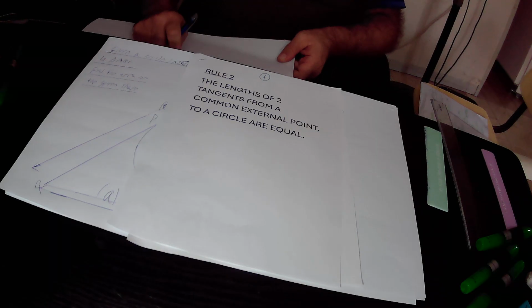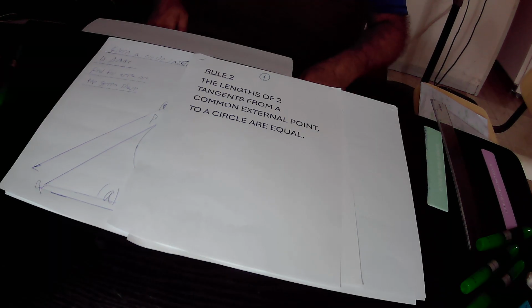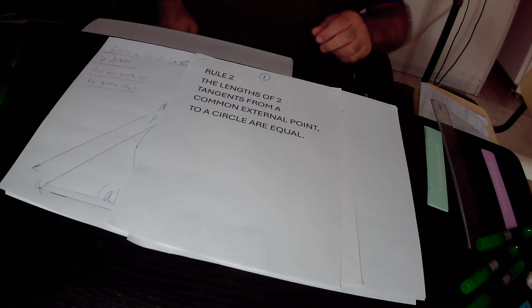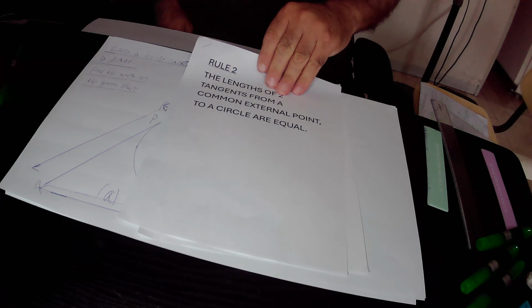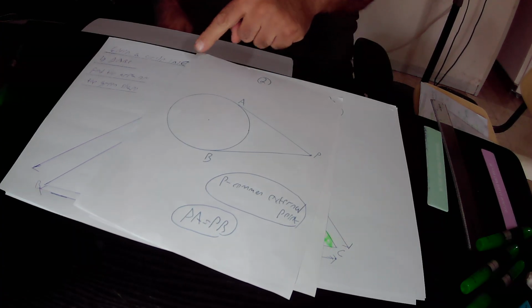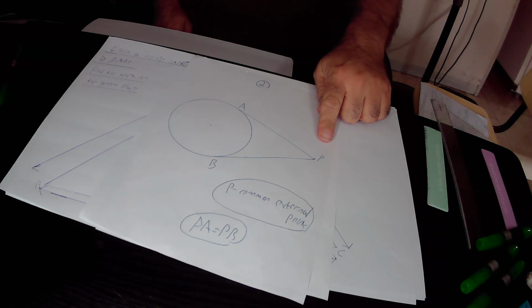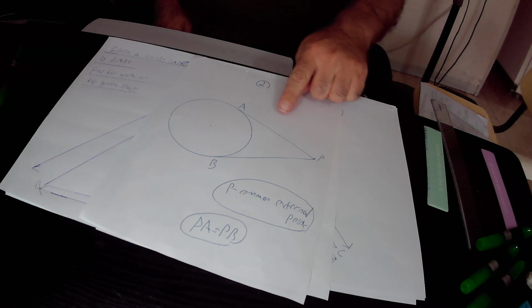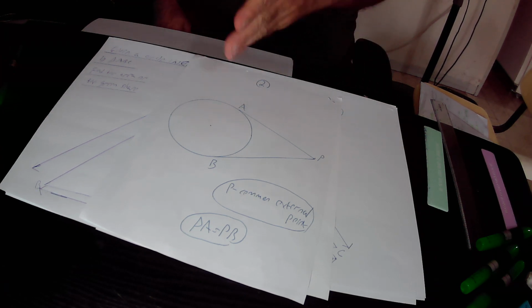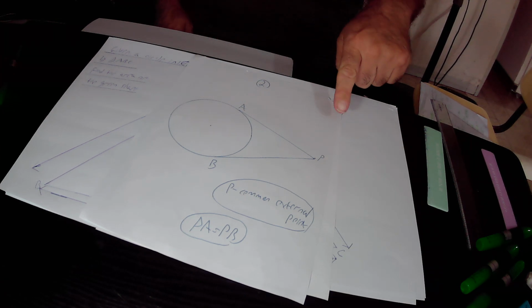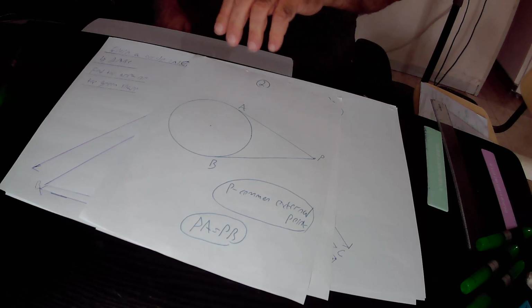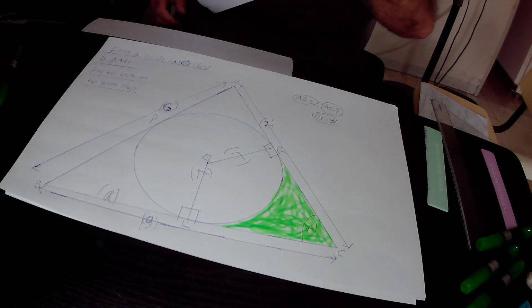According to rule 2, the lengths of two tangents from a common external point to a circle are equal. In the drawing, we have a circle. This is the common external point, point P. From the common external point P, we have two tangents to the circle, tangent PA and tangent PB. And according to rule 2, they are equal to each other. That is to say, PA equals PB. So we can actually implement rule 2 in our drawing.